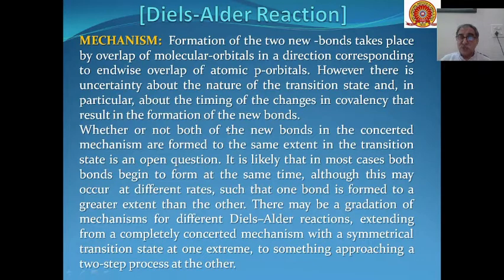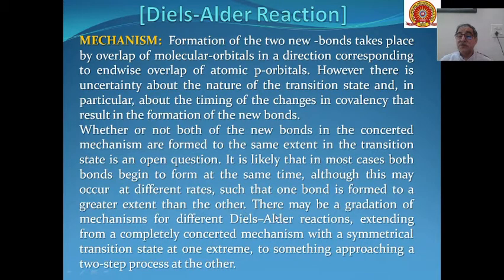So even at this moment we cannot say whether these new bonds are formed to the same extent. One may be formed to a greater extent and the other to a lesser extent. It is likely that in most cases both bonds begin to form at the same time, although this may occur at different rates, such that one bond is formed to a greater extent than the other.